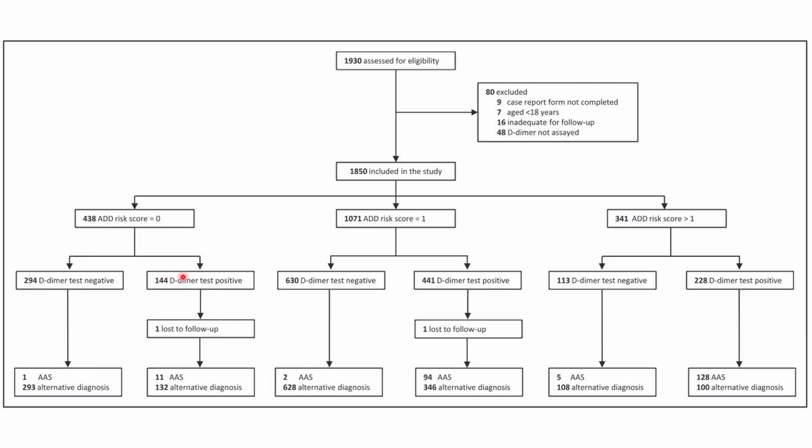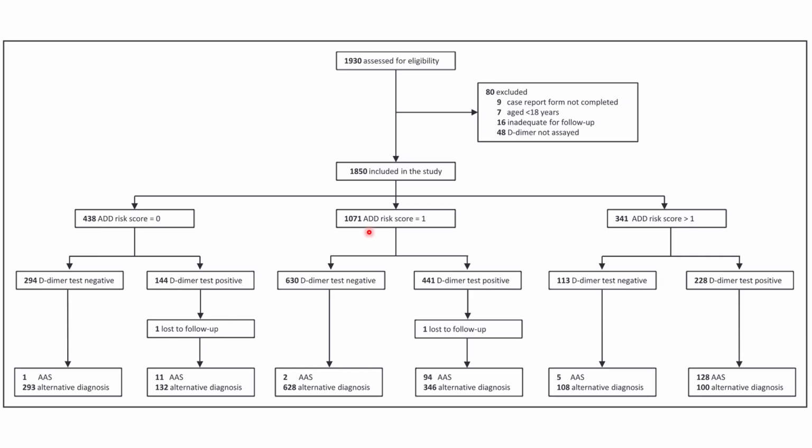Most of them had a negative D-dimer and therefore no dissection, right? So even this group is quite high risk, right? It's still 1 in 40, something like that, that had an acute aortic dissection when they had an ADRS score of 0. So still a high risk group. 140 is quite high risk when it comes to this diagnosis, right?